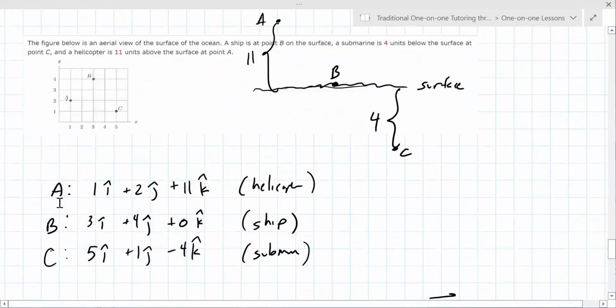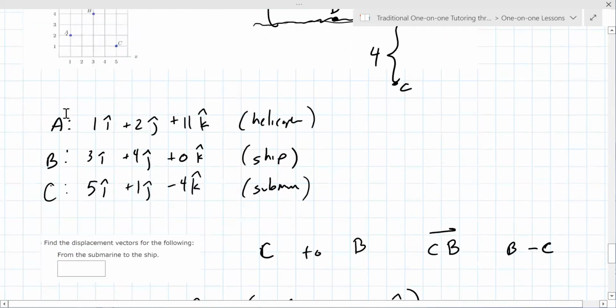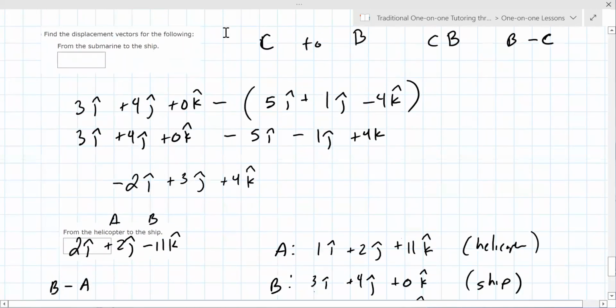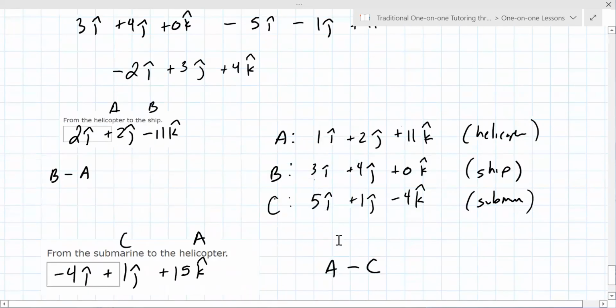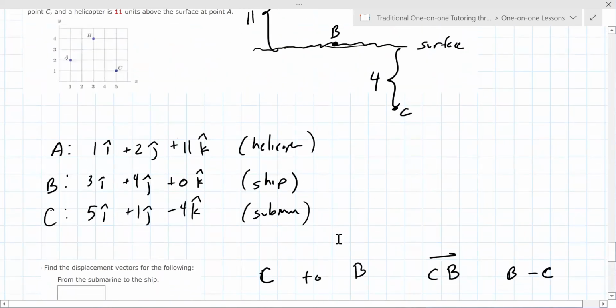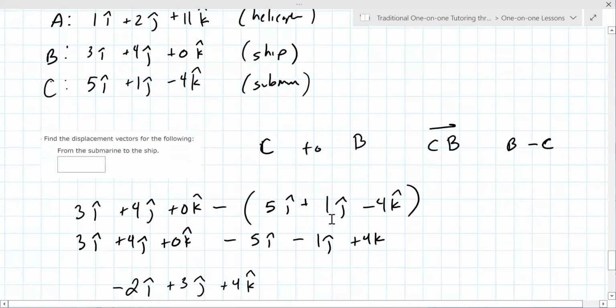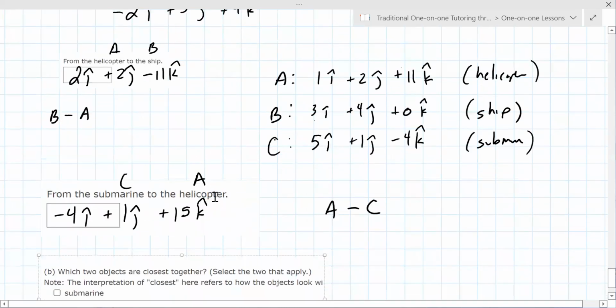You need to find the distance from A to B, B to C, C to A. That's why you did each of these: C to B, A to B, A to C.